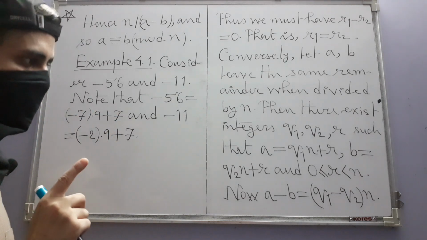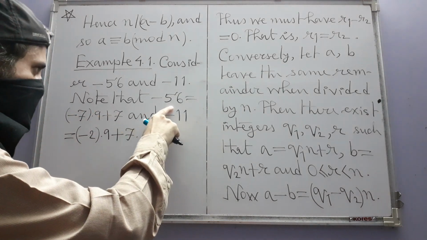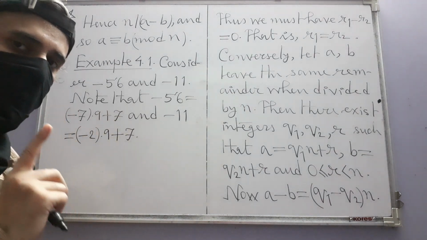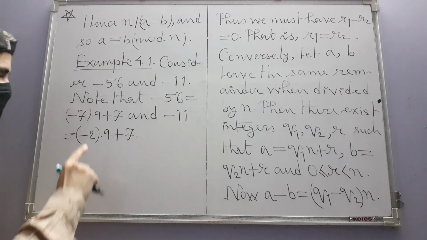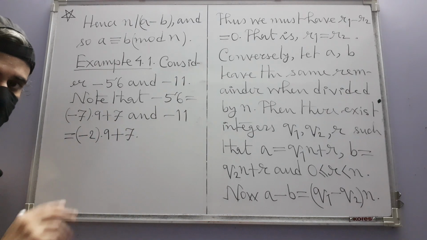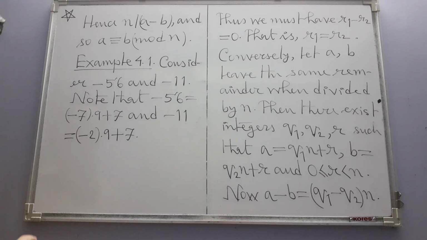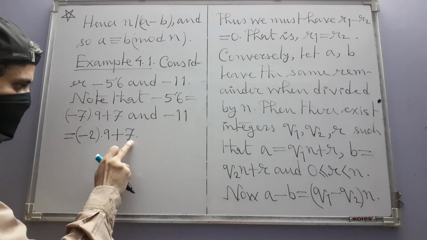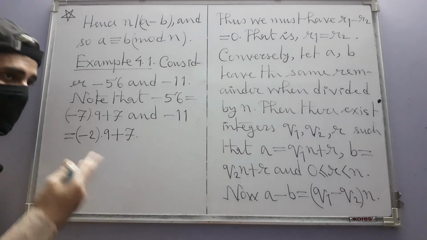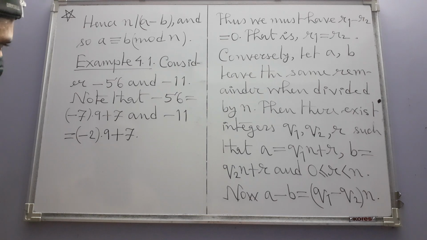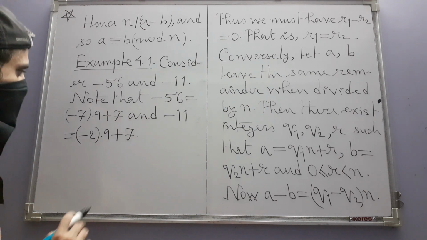And you know from the division algorithm that when you divide an integer by something, there is only one quotient and one remainder. So simultaneously you won't get another equation giving you numbers having the same property. Similarly here also, dividing minus 11 by 9, we have got the remainder 7, which is a legitimate remainder, and that is why this is also a legitimate equation, the kind of equation we are considering here.